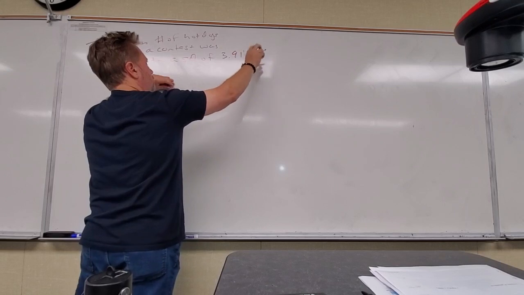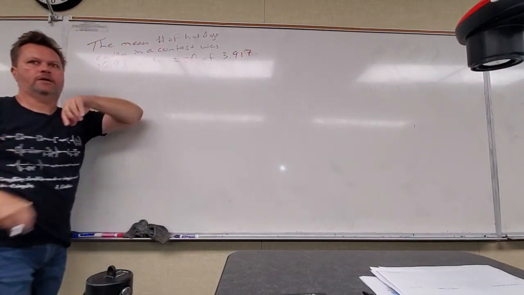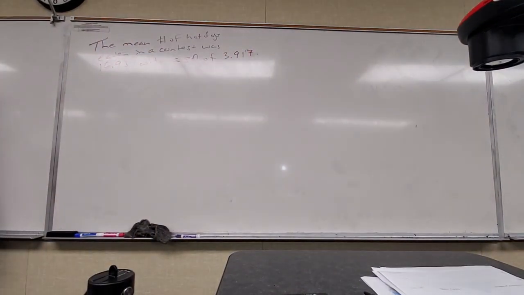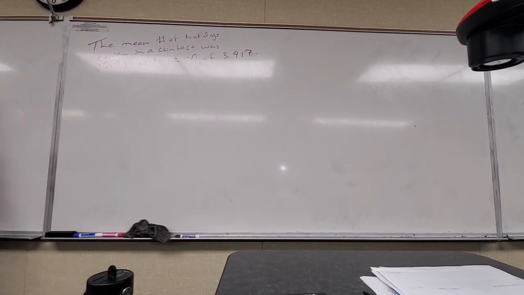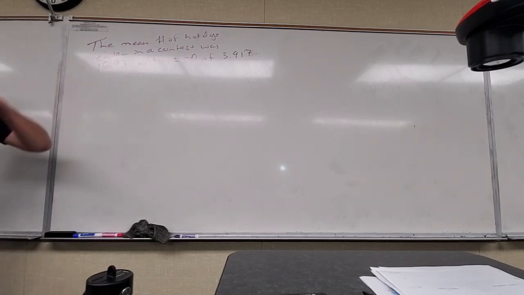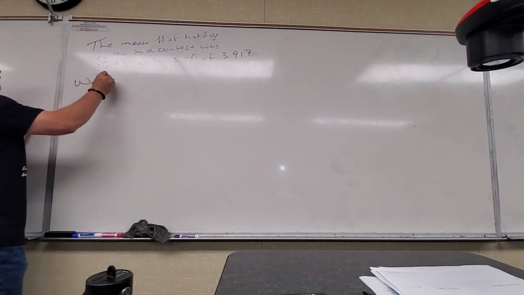Nice and gross. Everybody with me? So there's a hot dog eating contest. A lot of people joined, and the mean number of hot dogs eaten was 16.93, standard deviation of 3.917.